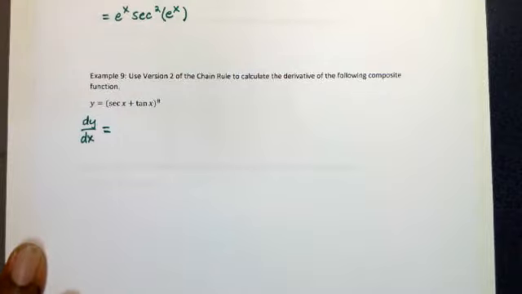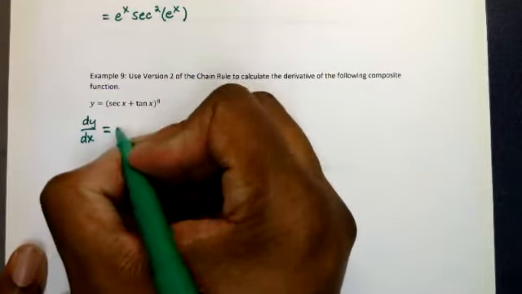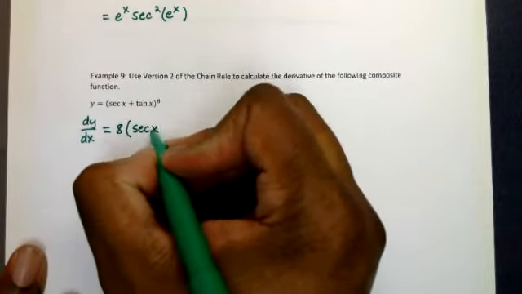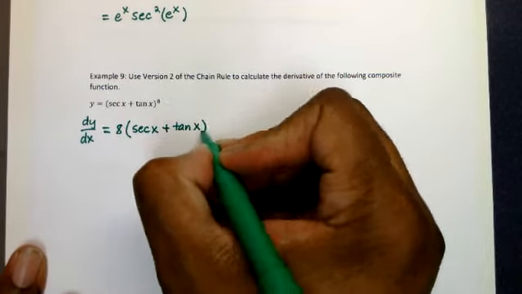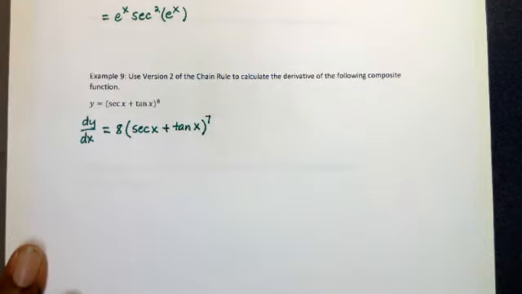All right, so when we use version 2, you're going to bring down the exponent in front of the parentheses. So you bring down the 8, copy over secant x plus tangent x. That will be to the 1 less power. 8 minus 1 will be 7.